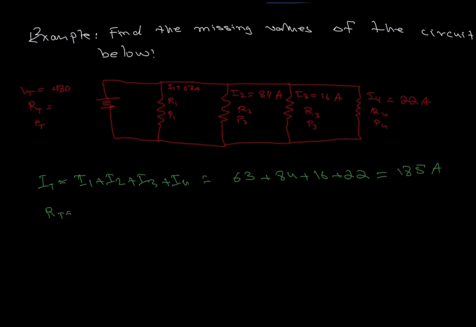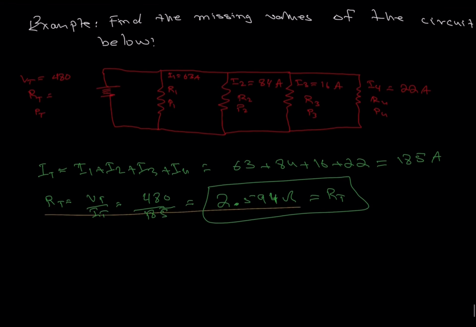Total resistance will be VT over IT. VT is 480 divided by 185. 480 divided by 185 will give me 2.594 ohms. So that is my RT.